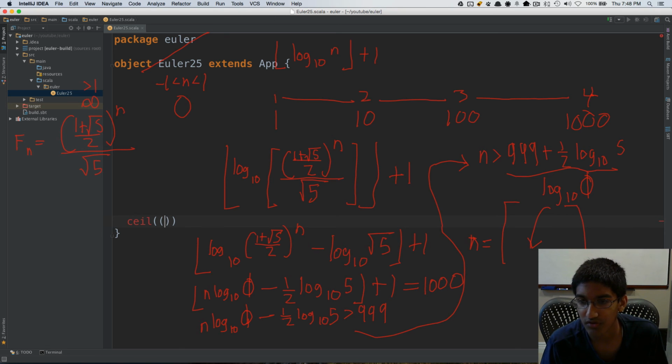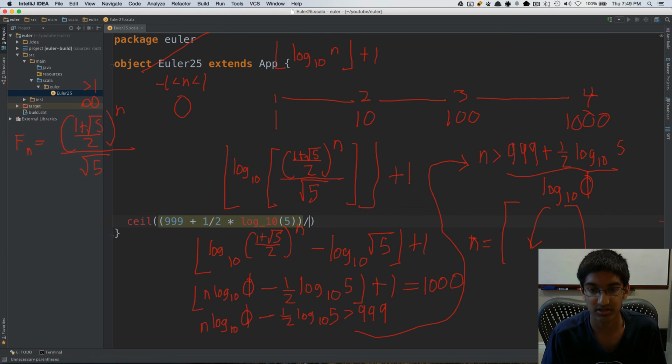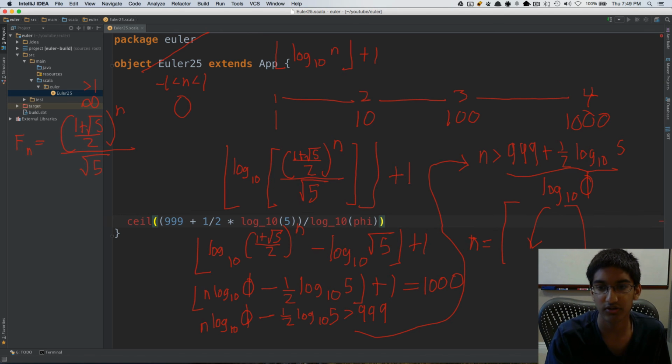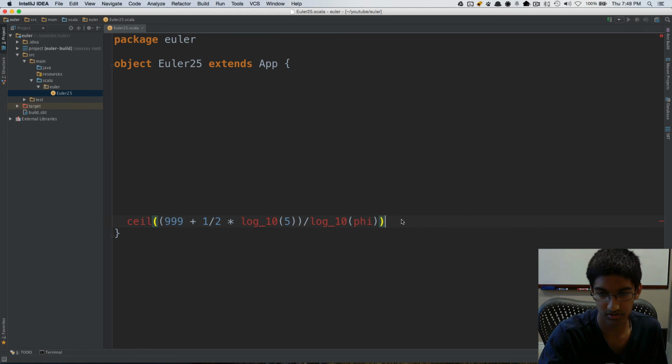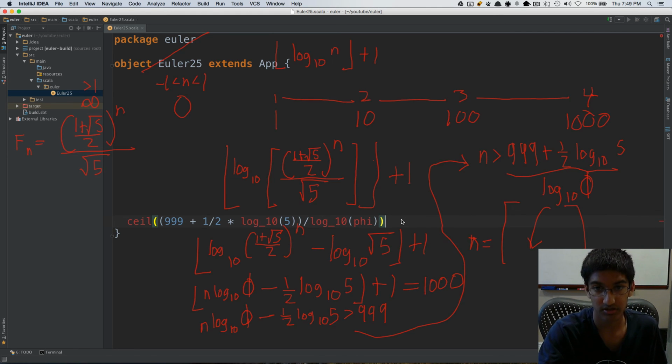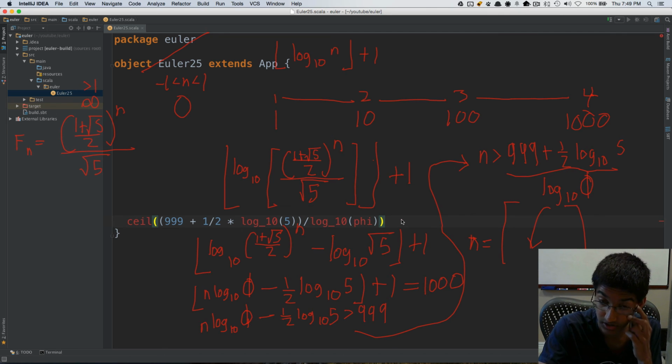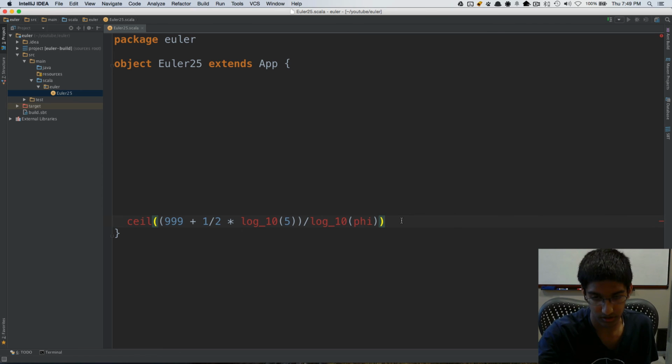Ceil of 999 plus 1 over 2 times log base 10 of 5. Okay. Now that is divided by log base 10 of phi. Okay, now I can go ahead and clear this. I can pop it back at any time, but yeah, okay, cool. So that looks right.